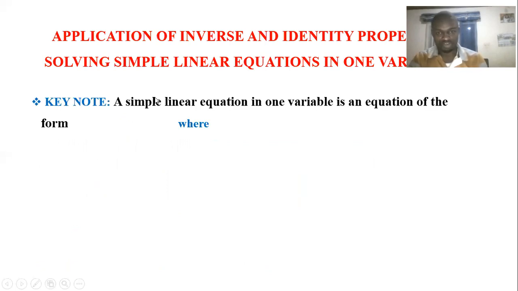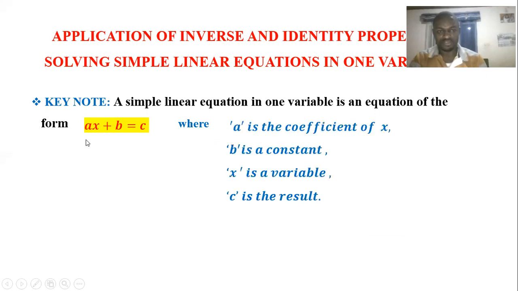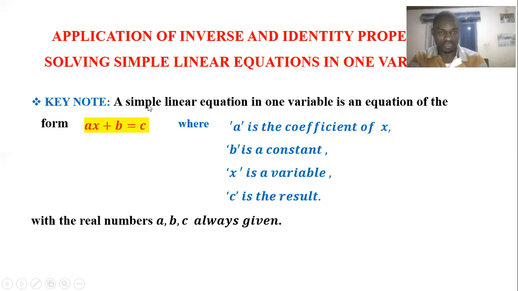A simple linear equation in one variable is an equation of the form ax plus b equals c, where a is the coefficient of x, b is a constant, x is the variable, and c is the result when ax is combined with b. With the real numbers a, b, and c always given, which means that in every given linear equation in one variable, what you're looking for is just the variable. A, B, and C will always be given.